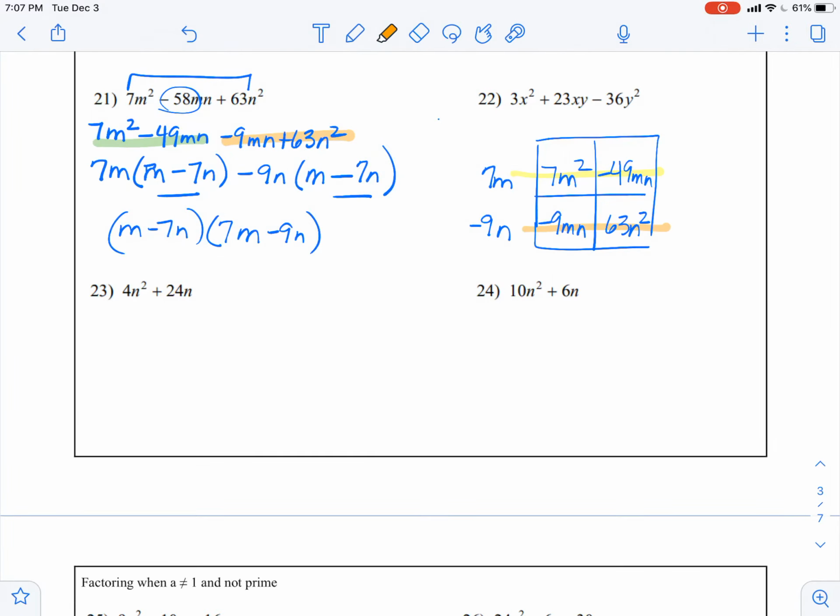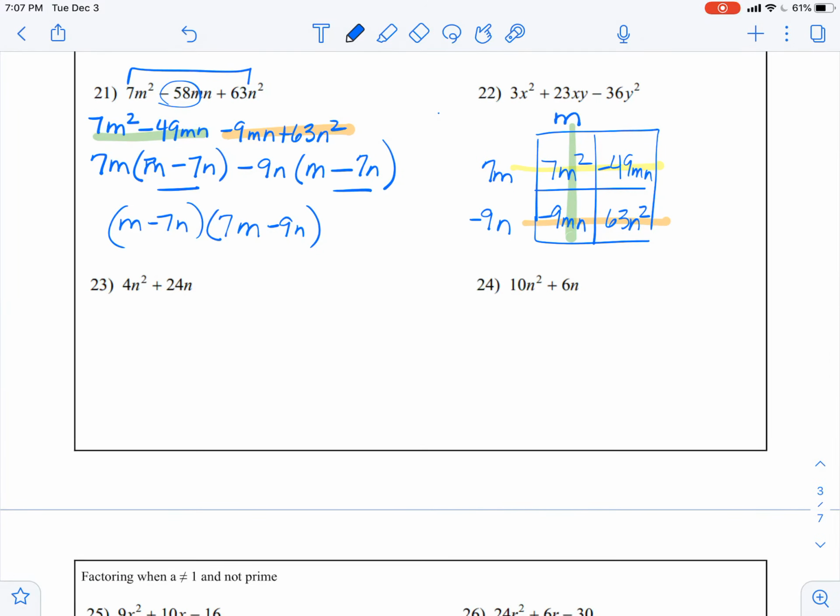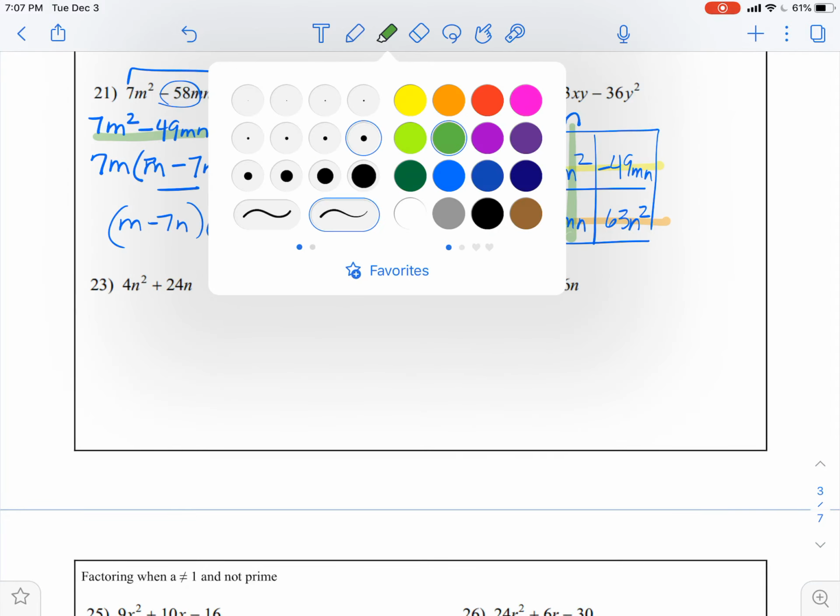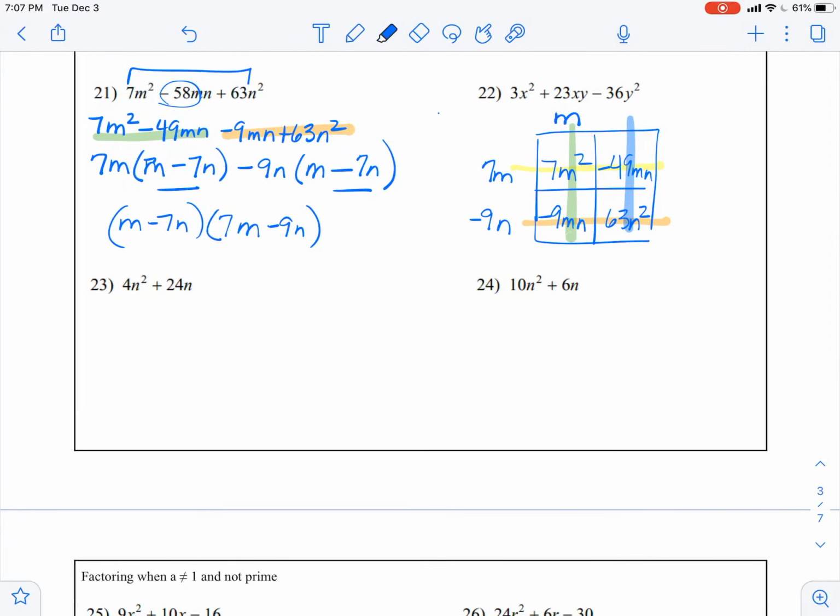Now I'm going to go north and south. I'm going to look at these two and say, what do they have in common? And it looks like the only thing they have in common is an m. And then I'm going to go this way, again, north and south. What do they have in common?